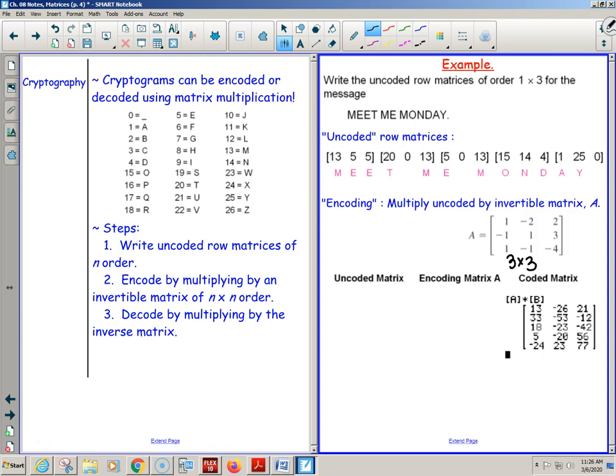Only the inverse can undo what has been done. And that's the whole dilemma. If a matrix doesn't have an inverse, once you encode it, there's no getting back. Your message has been lost unless you find the person who knows the message and is trying to send it.